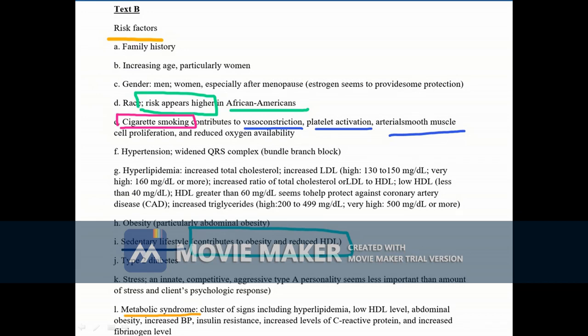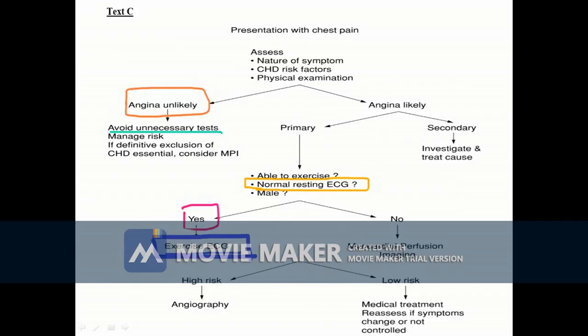Yes, this was another question asked, I think in questions 8 to 14, about what leads to obesity and reduced HDL levels. So sedentary lifestyle contributes to obesity and reduced HDL. Okay, type 2 diabetes, stress, and metabolic syndrome. This metabolic syndrome was asked in the first 7 questions, and metabolic syndrome is given in text B. So the answer is B.